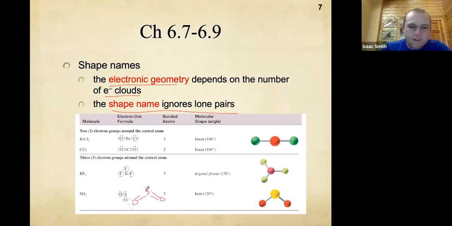We go through the whole process, but it should look like this. Okay, that looks right. Okay. So you have 3 electron groups around sulfur. So that would be a trigonal planar electron geometry. But if you ignore these lone pairs, you can see that the shape just looks like this bent shape. Okay, all right.